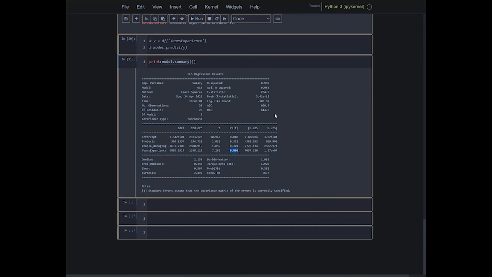So the probability of F statistics also tells us that at least one of the independent variables is very much related with the output variable, which is also the case here when we look at the probability p-values down here.